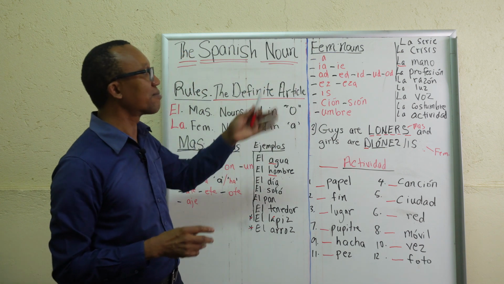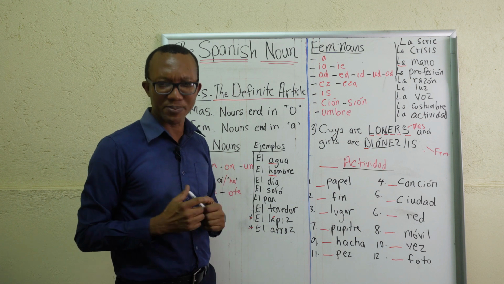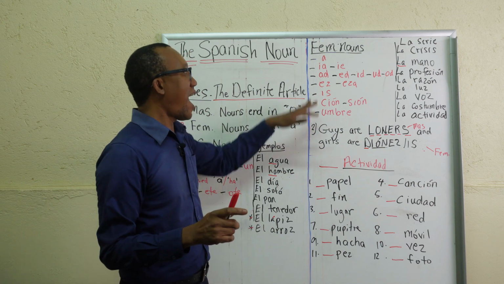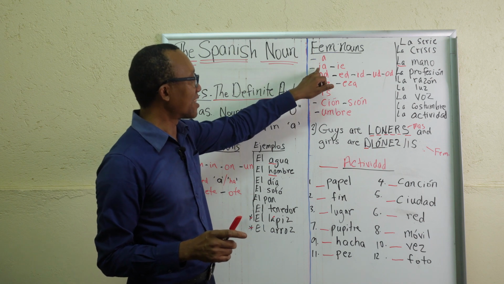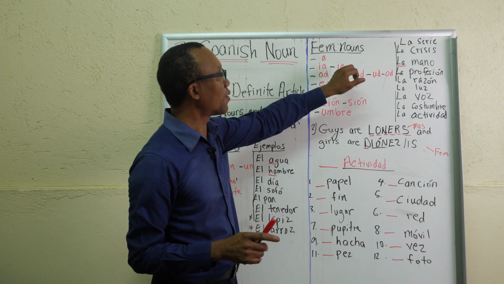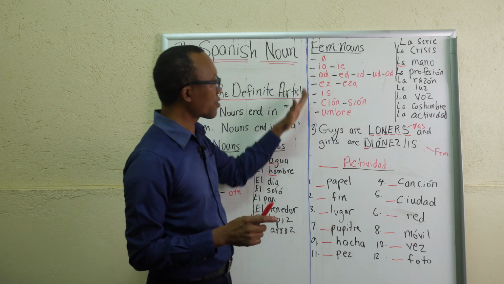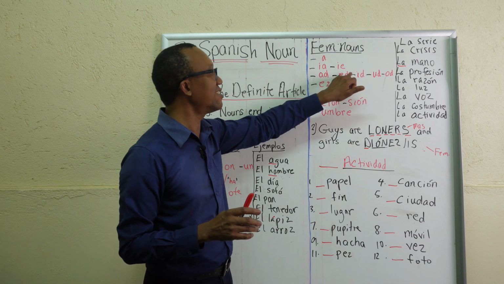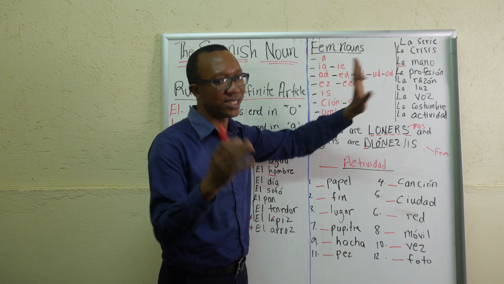So these are some guidelines, tips, steps to help you to use the correct one. So we have the IA and the IE. When the word ends in AD or just D, ED, ID, UD, OD, D again.